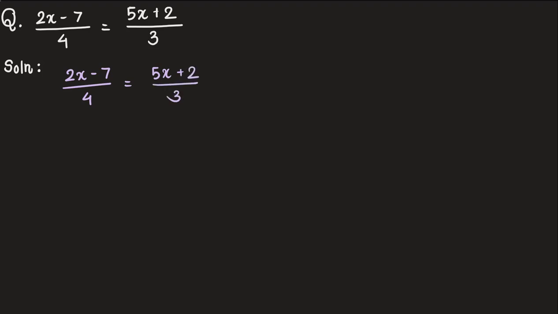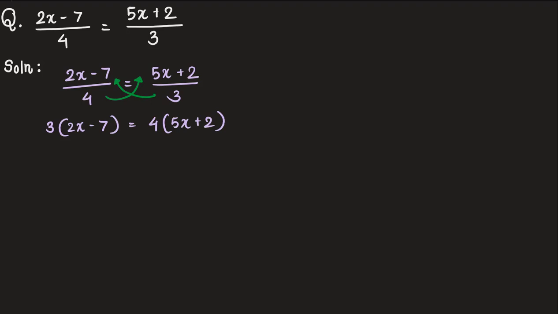Our first rule, we always know that we have to cross multiply first. So here we cross multiply, that is 4 on this side and 3 on this side. We write 3 into (2x minus 7) is equal to 4 into (5x plus 2).